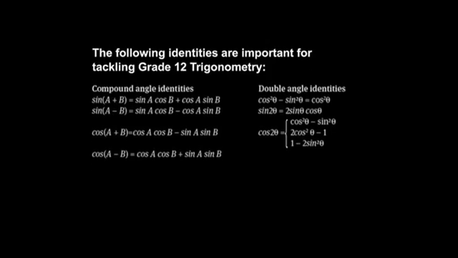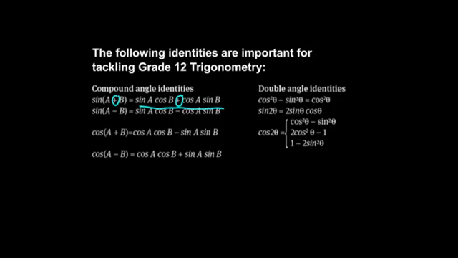So if we look at our compound angle identities, you've got sine of a plus b is equal to sine a cos b plus cos a sine b. What you will notice here is sine of your compound angle a plus b. When you do your expansion, the sign in the middle of the two terms stays exactly the same.